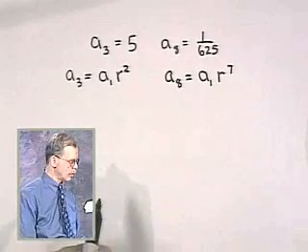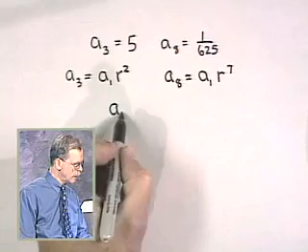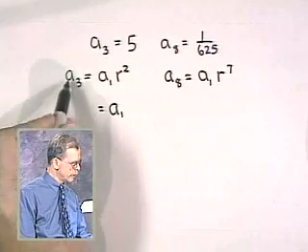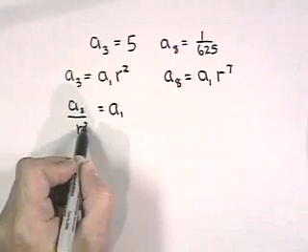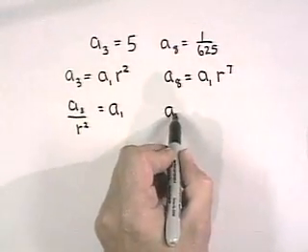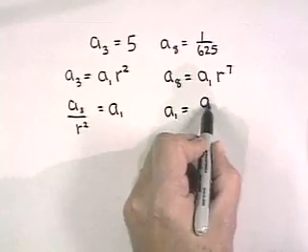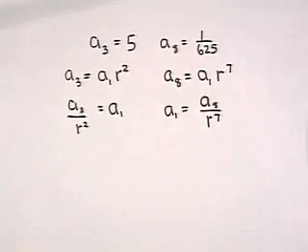Let's solve each one of these for a1. a1 on this side is a3 divided by r squared. On this side, a1 is equal to a8 divided by r to the 7th.